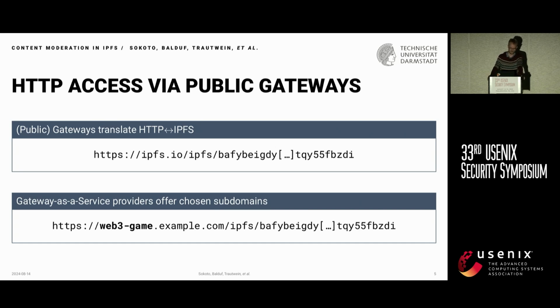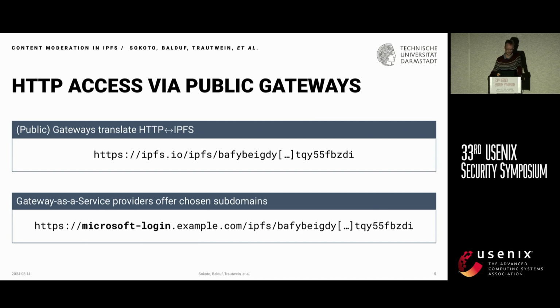That's a content identifier, a CID. It's a long string, and it identifies the content by its content. It's a hash, basically. There are also so-called gateway-as-a-service providers where you can rent your own gateway, which is usually used for Web3 projects, for example, games. You get a subdomain. It looks quite nice, and then you can serve your IPFS-hosted content using HTTP.